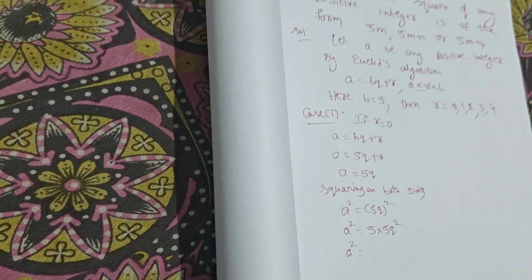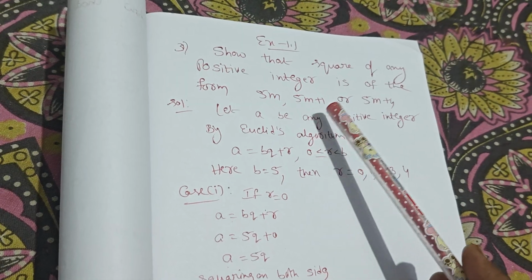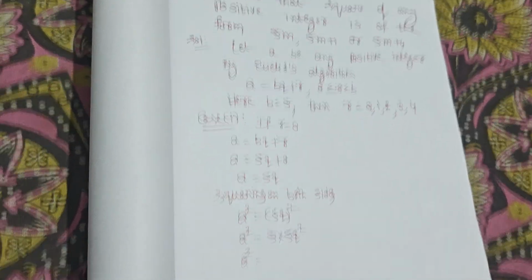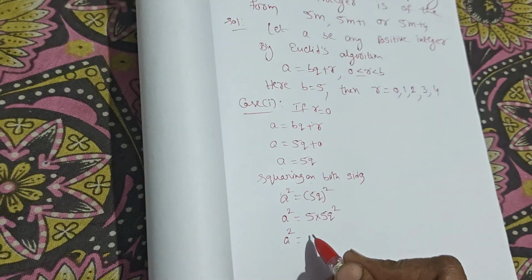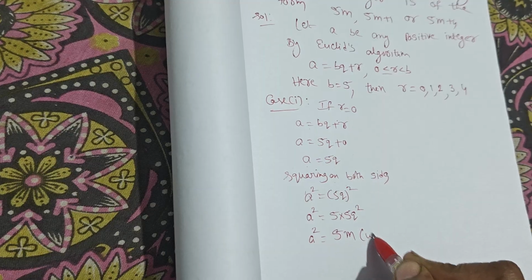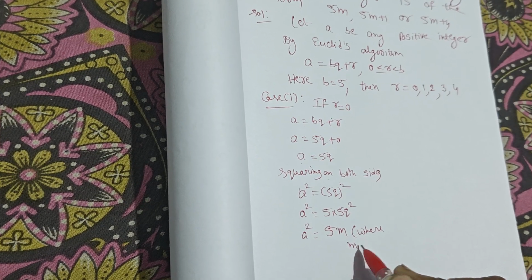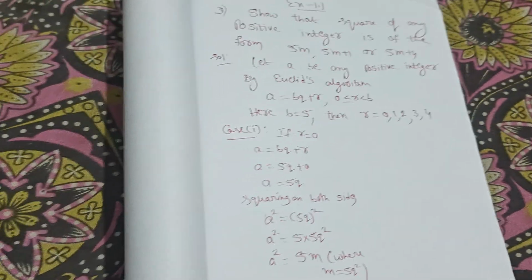Here the divisor is 5, no? Again we want answers in the form of 5m, 5m plus 1 or 5m plus 4. That's why we have to take 5 common. Okay children? So 5, you take this one as m, where m equal to 5q square. Did you understand? So 5m.